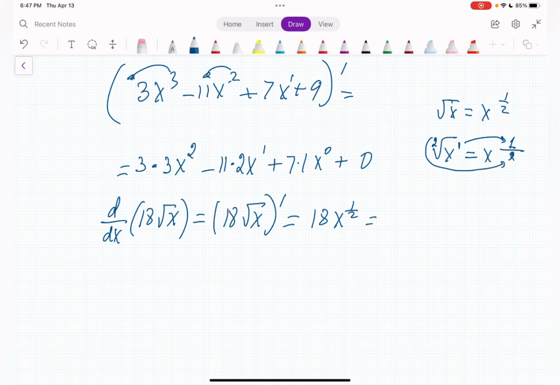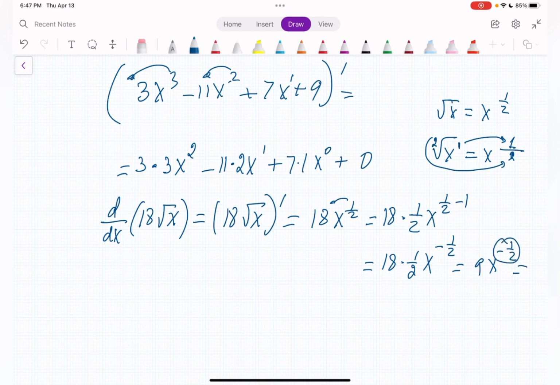Okay, x to power 1/2, so it's going to be 18 times 1/2, right? 1/2 comes in front, x, and 1/2 minus 1. We are getting 18 times 1/2, x to power 1/2 minus 1 is negative 1/2. And 18 times 1/2, we get 9. So 9 x to power negative 1/2, which is equal, this negative sign is going to bring my x down, right?